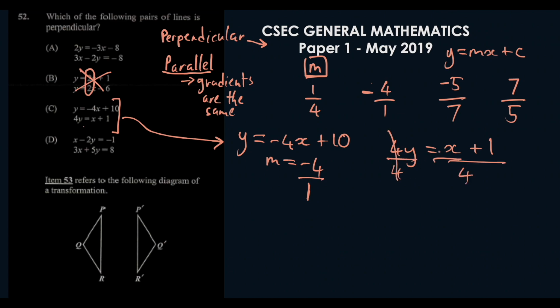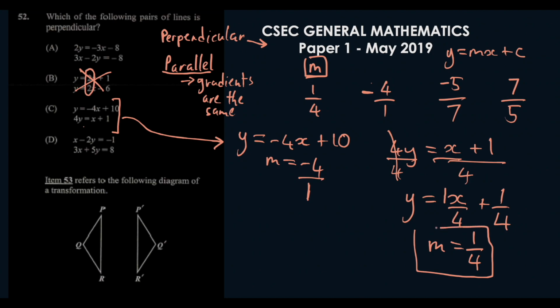So we would have y is equal to x over 4 plus 1 over 4. The coefficient next to x can be thought of as 1 over 4, so we have a gradient of 1 over 4. So in this case, m is equal to 1 over 4.